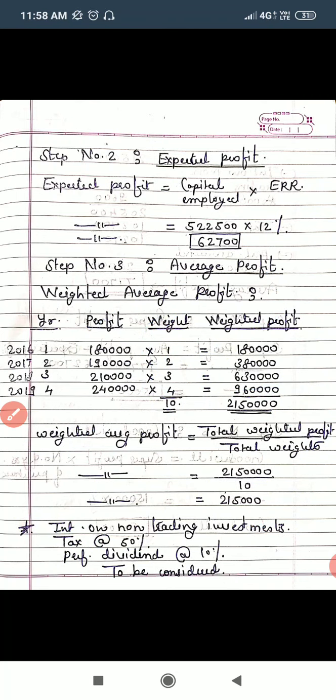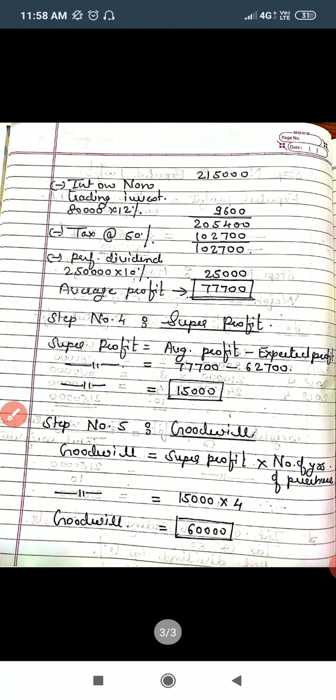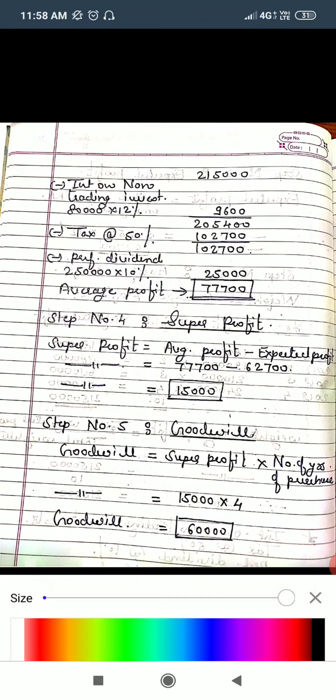Okay. Now, how will you go ahead? Okay, fine. Now, what we have calculated in our weighted average profit is 2,15,000. Interest on non-trading investment, where is this? It is there on the asset side of your balance sheet. 12% debenture of rupees 80,000 you have been provided with.